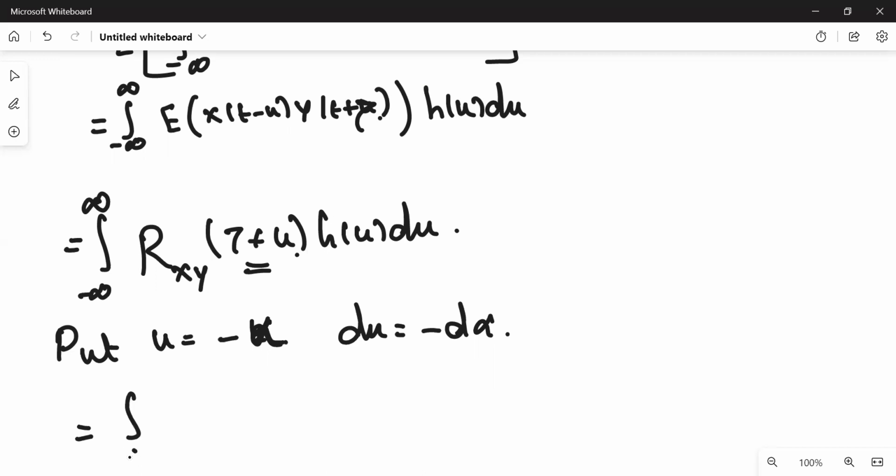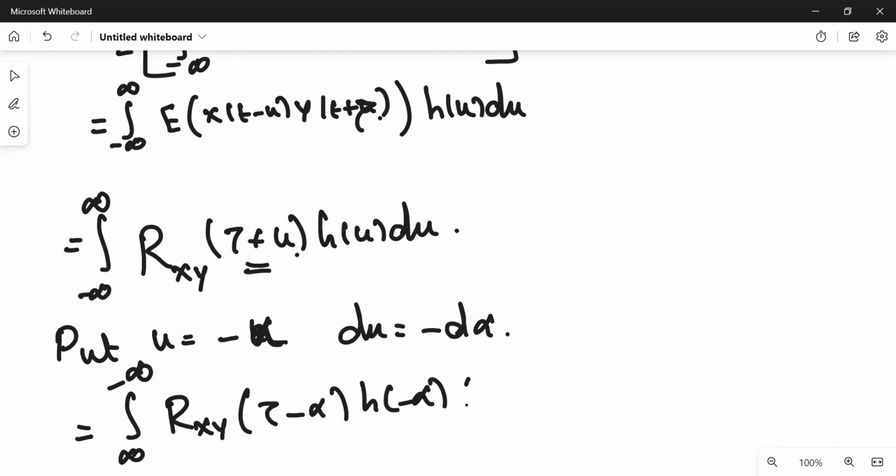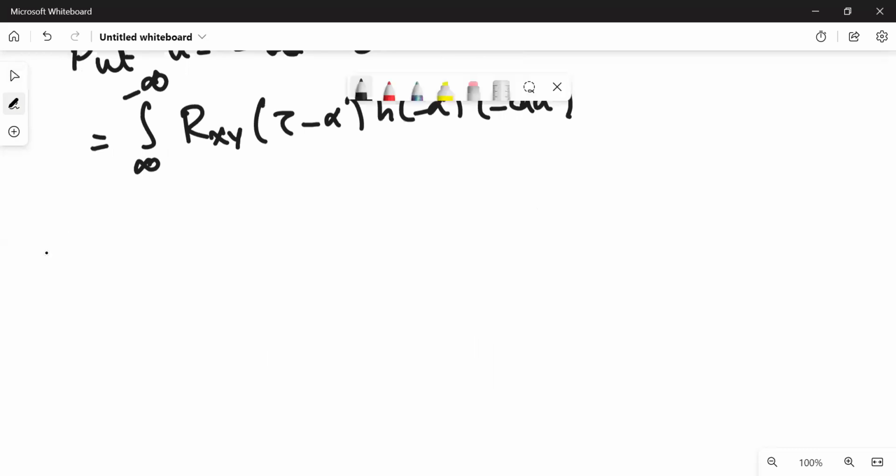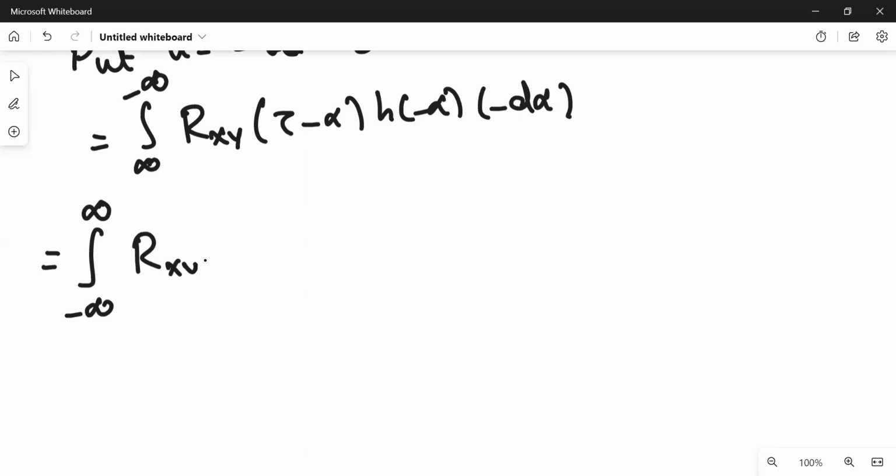So the integral becomes infinity to minus infinity of R_xy of tau, u is minus alpha, h of minus alpha, du is minus d alpha. We know the property of integration: minus of the integral from infinity to minus infinity becomes minus infinity to infinity, the order changes and it differs with sign. So I combine this minus sign with the integral, and it becomes the integral from minus infinity to infinity of R_xy of tau minus alpha, h of minus alpha, d alpha.